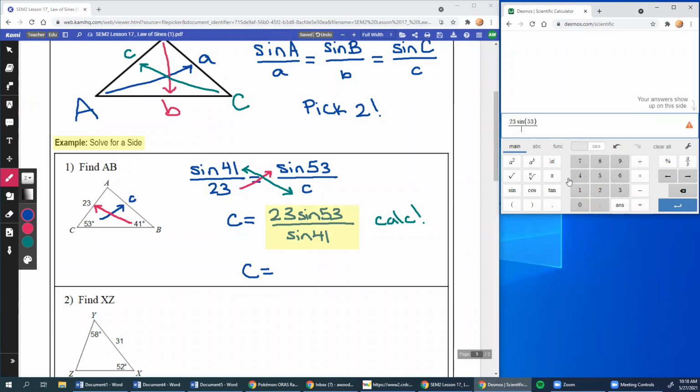Divided by sine of 41, hit enter: 27.998. So we are going to round to 28.0. As long as you have the setup, it is just straight calculator work for solving for a side.